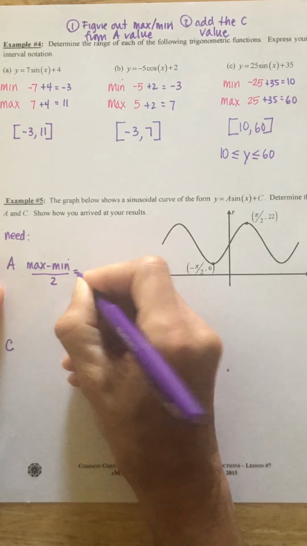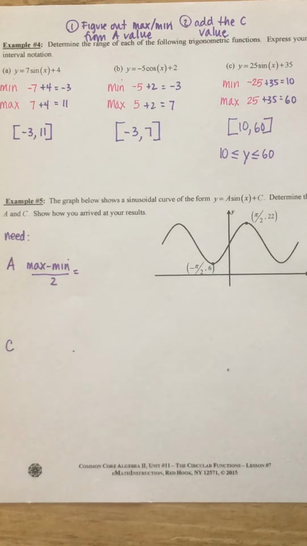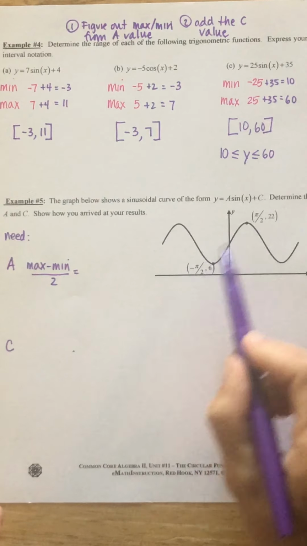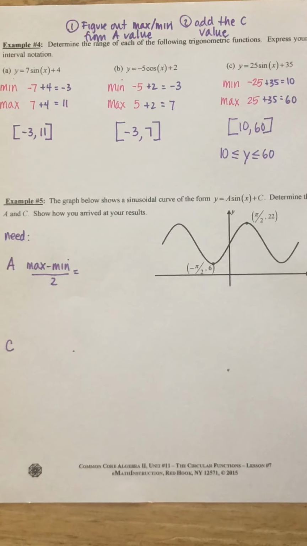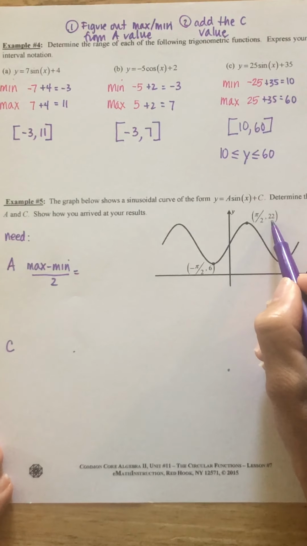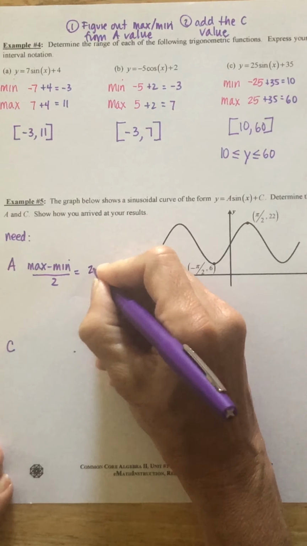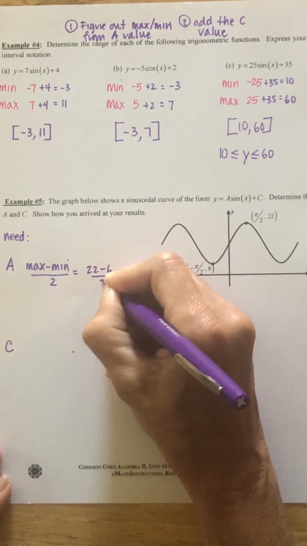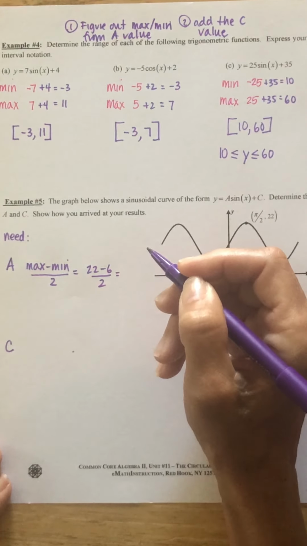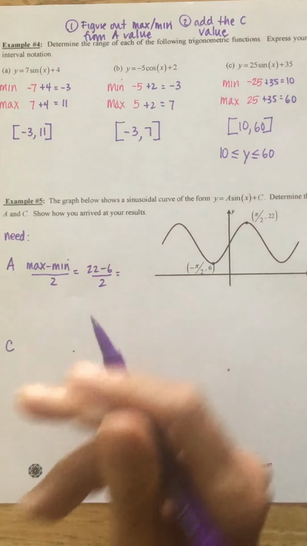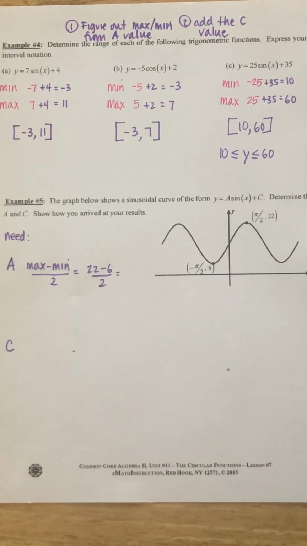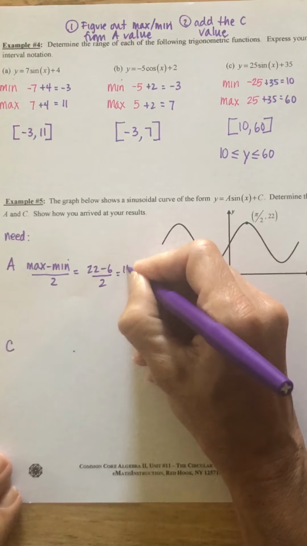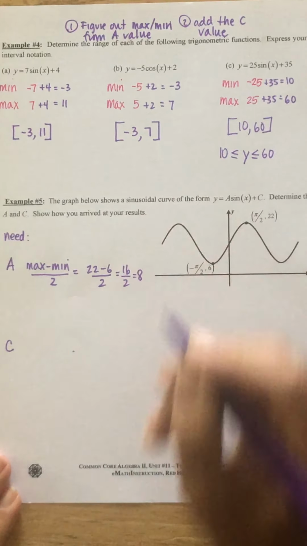So your A values and C values only deal with the height. So the X values here don't come into play, just the Y values. So your maximum, this goes as high as 22. Take away your low value of 6 over 2. That's 16, right? 22 minus 6 is 16 divided by 2, which is 8.